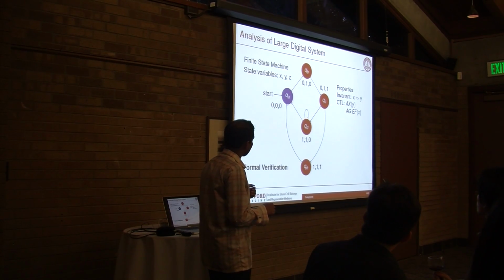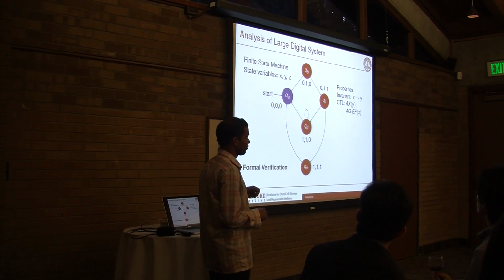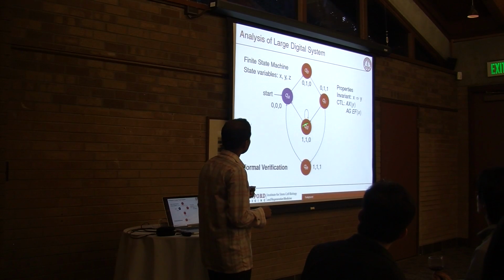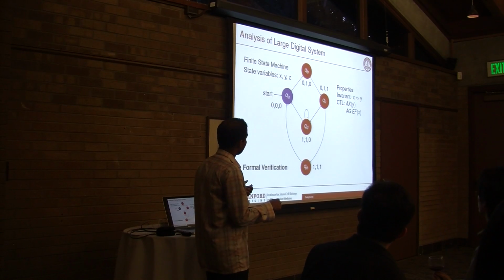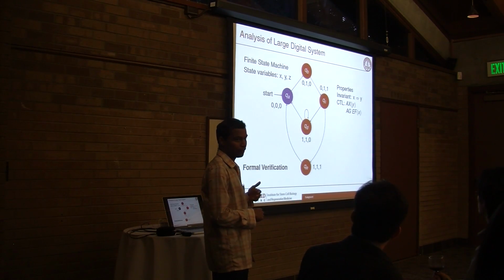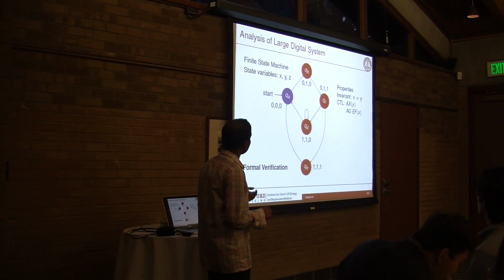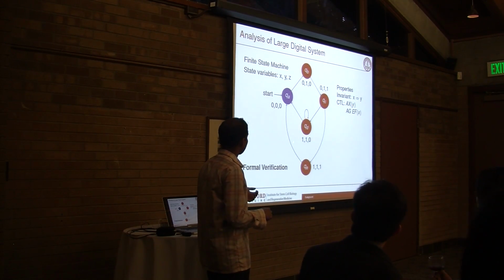And you can see that x implies y is an invariant in this model, in this particular circuit, right? Because when x is true, when x is 1, y is 1. Right? Wherever you see x is 1, y is 1. So this formula holds true in every state of the system. Right? So that's a simple property that you can check in the system.